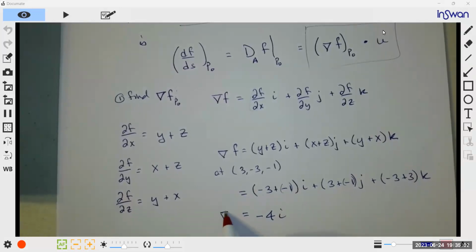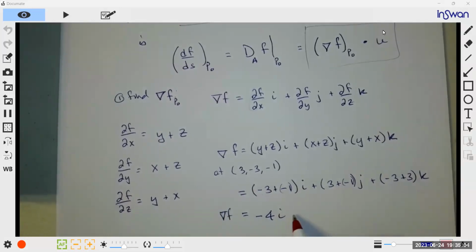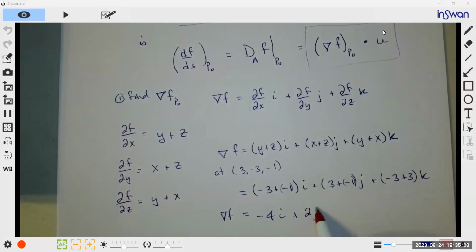This is for my del function. 3 minus 1 is 2. 3 minus 3 is 0.